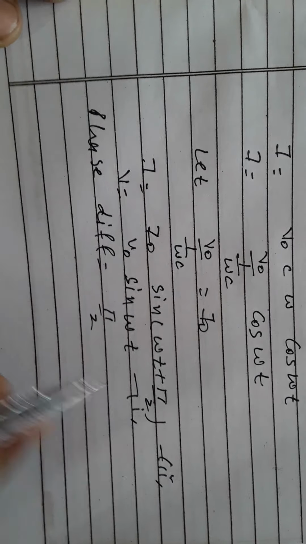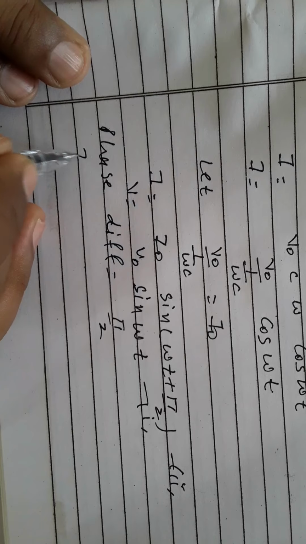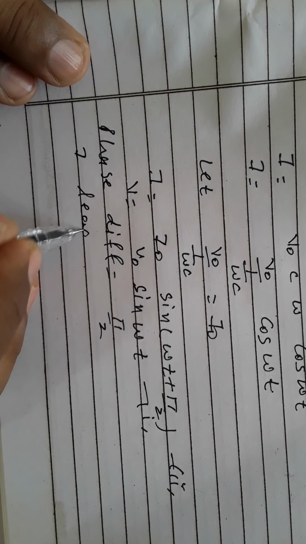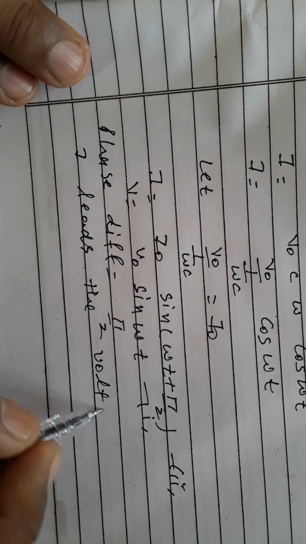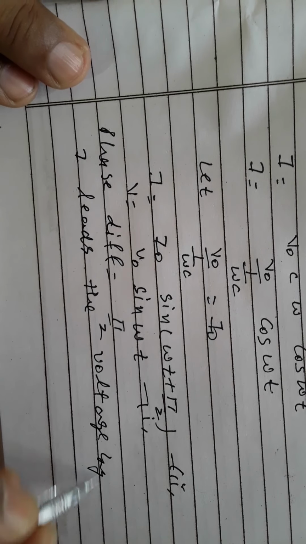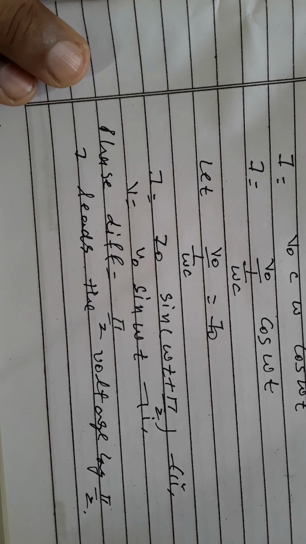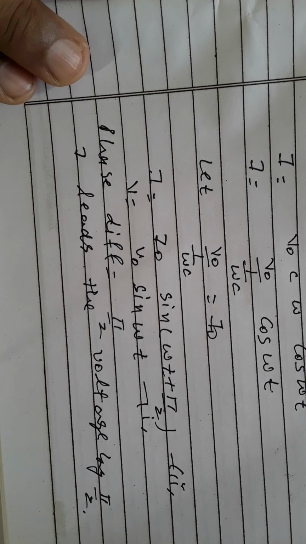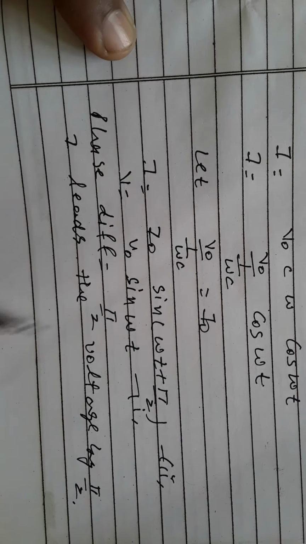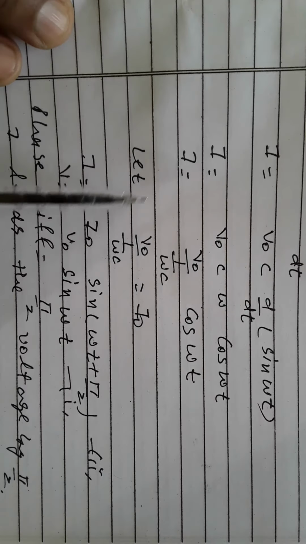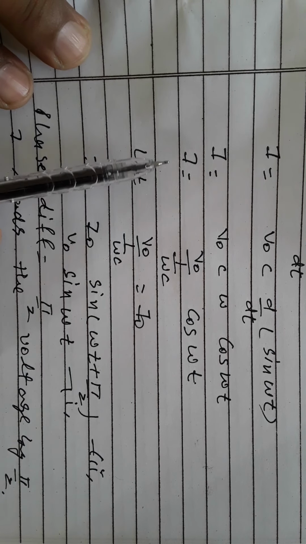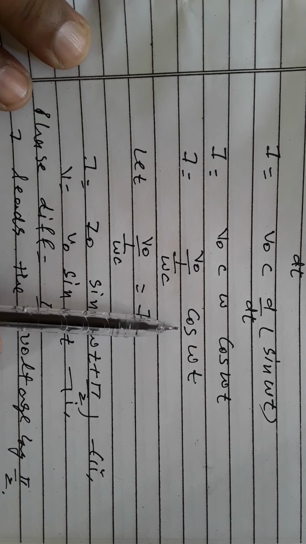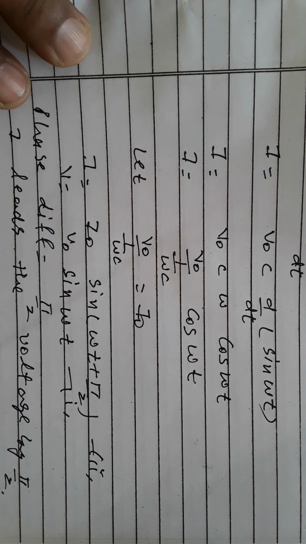Plus pi by 2 shows that current leads the voltage by pi by 2. Here we have found that I is equal to I naught cos omega t. The equation for the current in a capacitor is in terms of cosine.